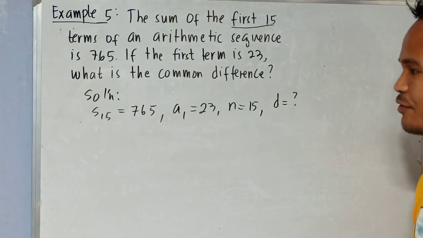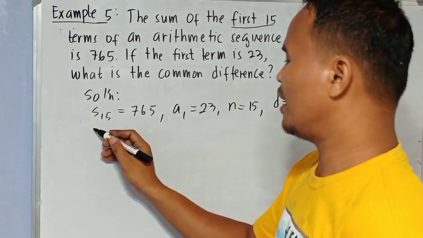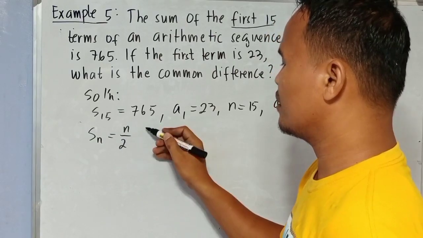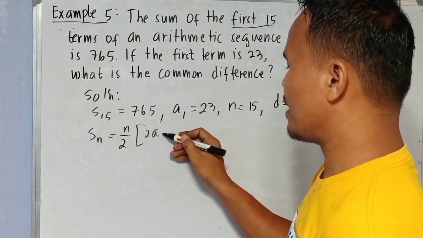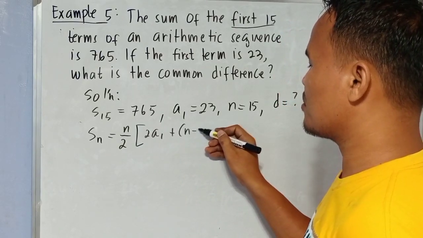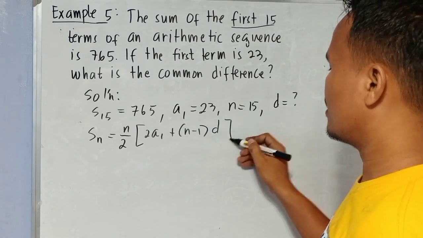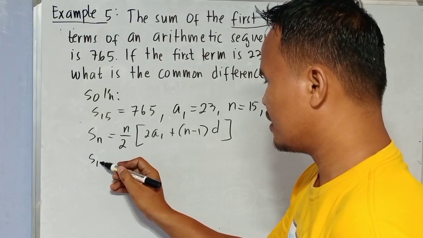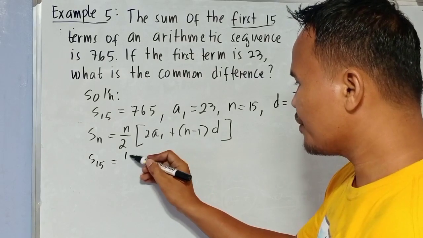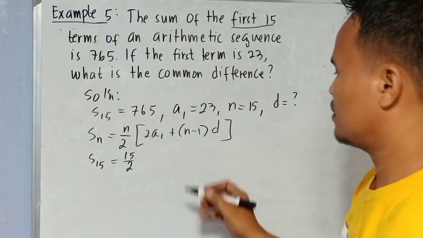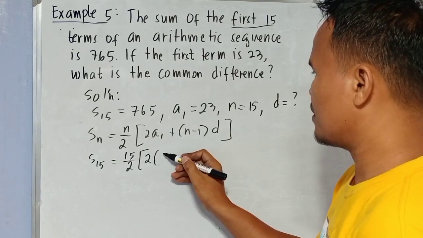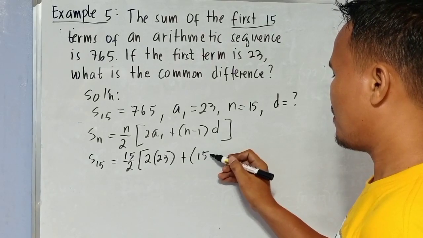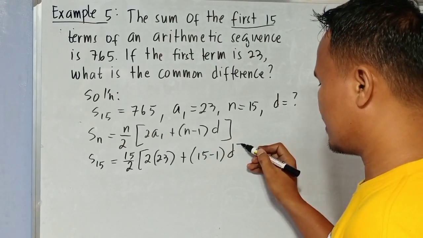So we are going to use the second formula of the sum of the arithmetic sequence. So S sub n equals n over 2 times 2 times a sub 1 plus n minus 1 times d. Okay. Substitute: S sub 15 is equal to 15 over 2 times 2 times 23 plus 15 minus 1 times d.